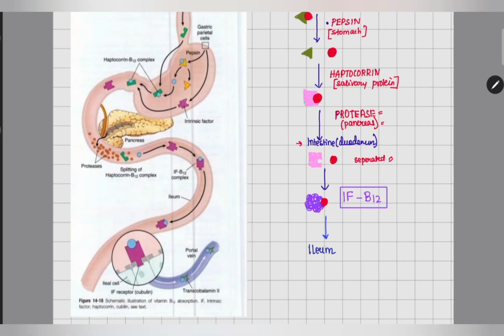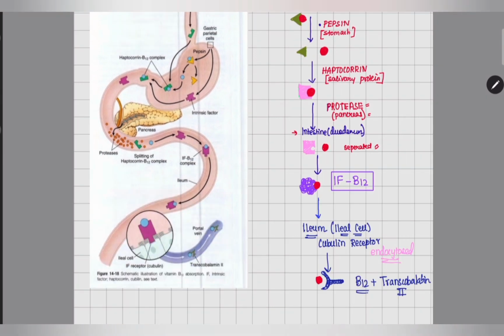These two will travel together and reach the ileum. In the ileal cells, we have a receptor called the cubilin receptor to which the intrinsic factor binds, and the B12 is endocytosed. Now this B12 needs someone to carry it. So we get another protein which is called transcobalamin 2.